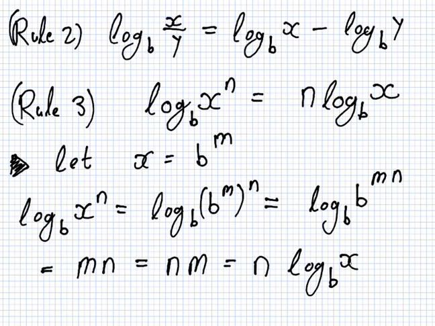Because b to what power makes x? If I go back here, I can see it's b power m makes x. So this m here, I can just replace it with log b x. So this is the result that I wanted at the end. So this is the end of that proof.